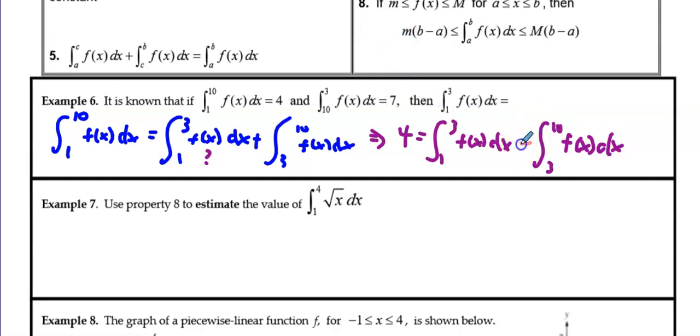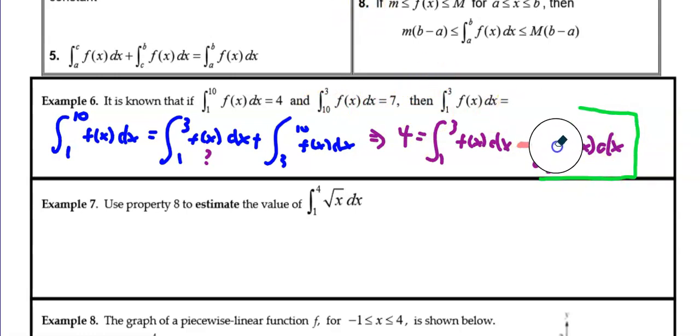Okay, and again, once we start getting into more examples, this will make more sense to you as well. So now I know that's negative, and this little puzzle piece right here, we know that this is actually equal to 7. So I'm going to go ahead and erase this and replace it with 7.